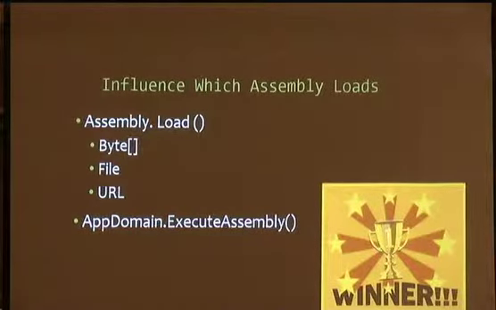The root here is the way in which assemblies are loaded. .NET uses the concept of a managed code assembly instead of an EXE, or it is an EXE, but the Assembly.Load method can be used to load from a byte array, so in memory, a local file on disk, or even a URL. There's even, on the AppDomain class, ExecuteAssembly.